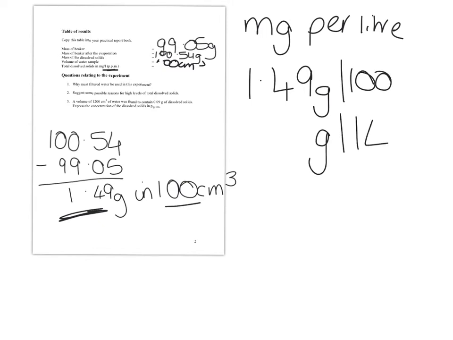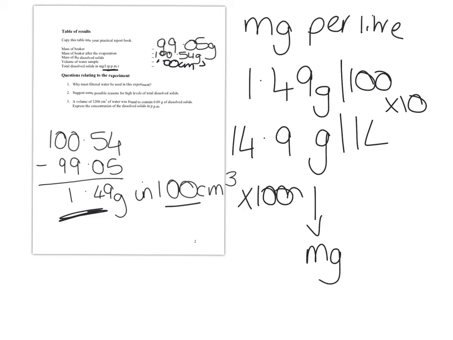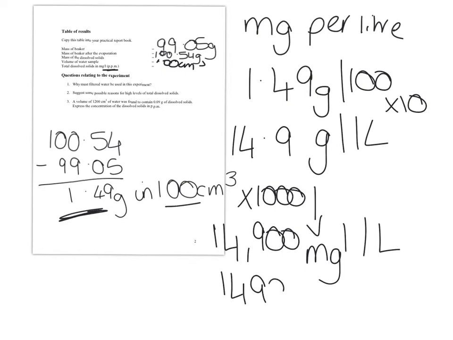The easiest way to do this is to multiply that by 10, so we get 14.9 grams. And our last step, grams to milligrams, we multiply by 1000. And our answer there becomes 14,900 milligrams per litre, or 14,900 ppm.